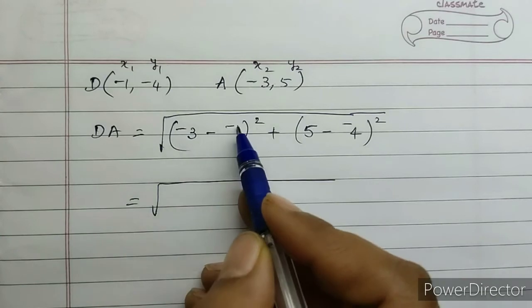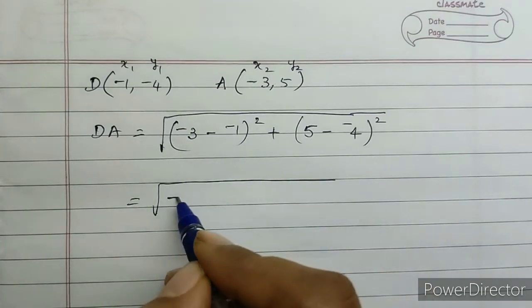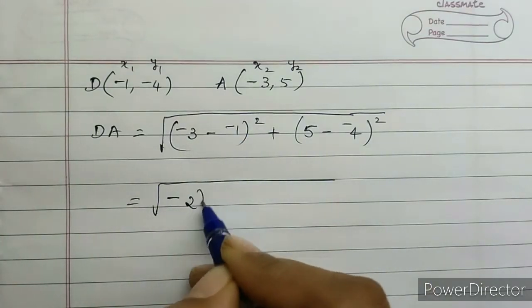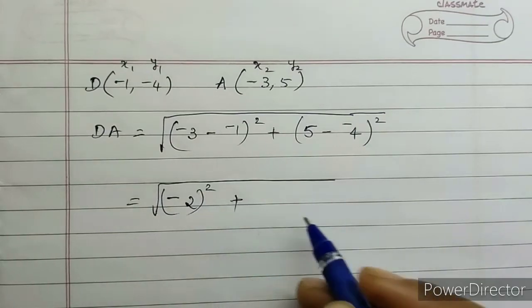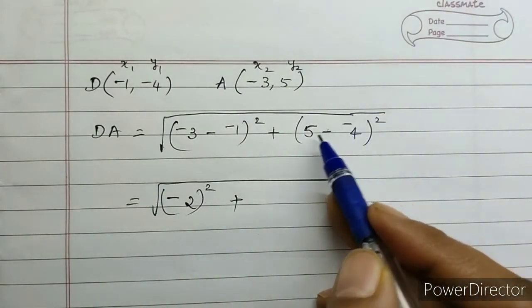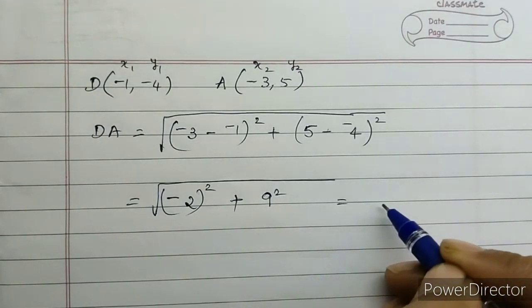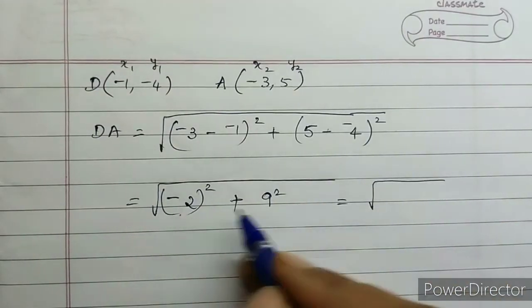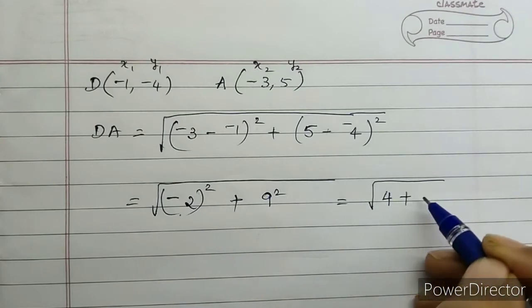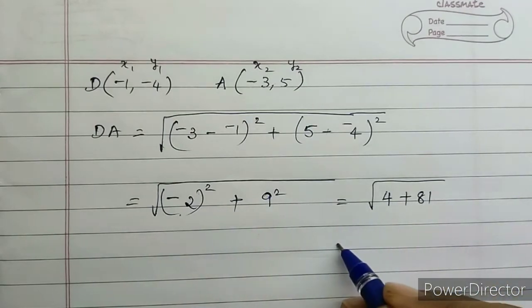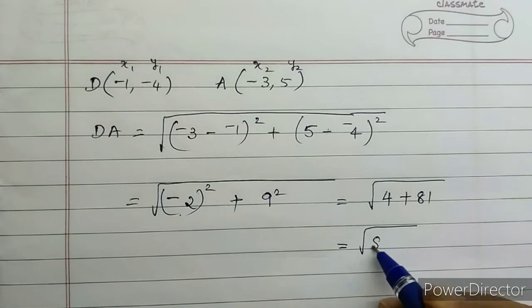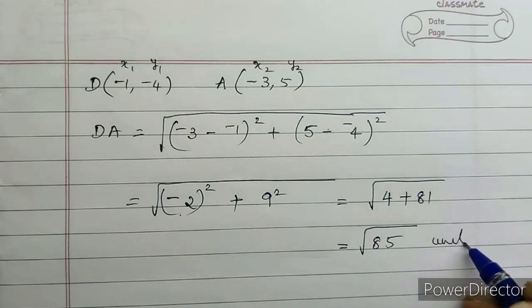One is negative, one is positive. Greater number sign, subtract. Plus, change the sign and symbol. So 5 plus 4, it will come 9 square. Square root of minus 2 whole square, it is 4 plus 81, which is equal to 85 units. So square root of 85 units.